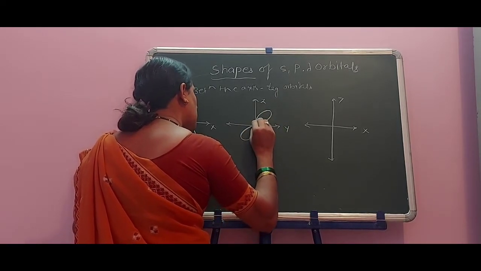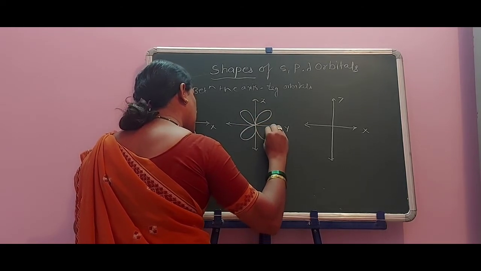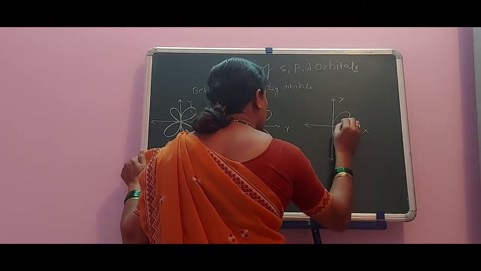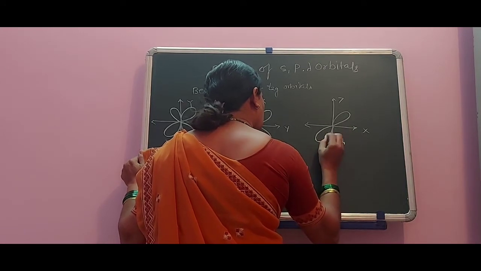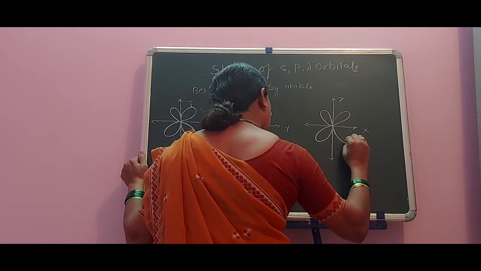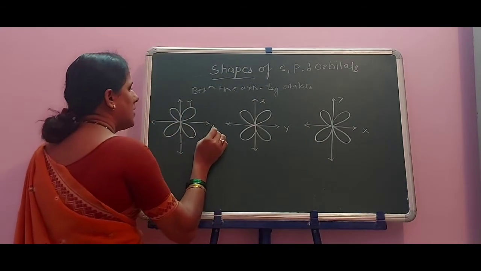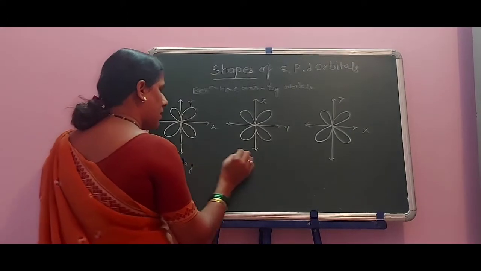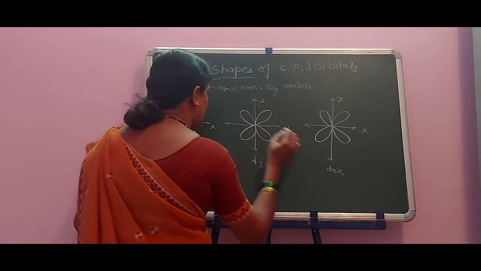In drawing the lobes, you can take precautions so that they are of equal sides. Okay, this is dxy, this is dyz, this is dxz.